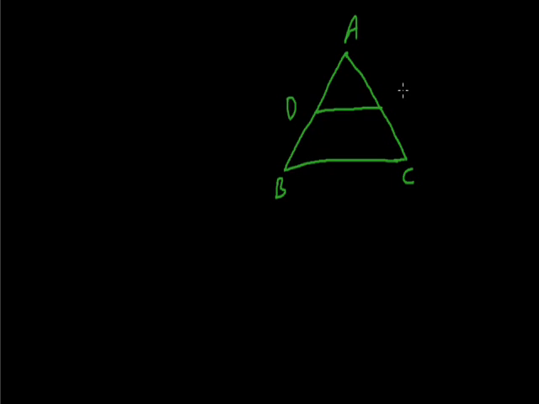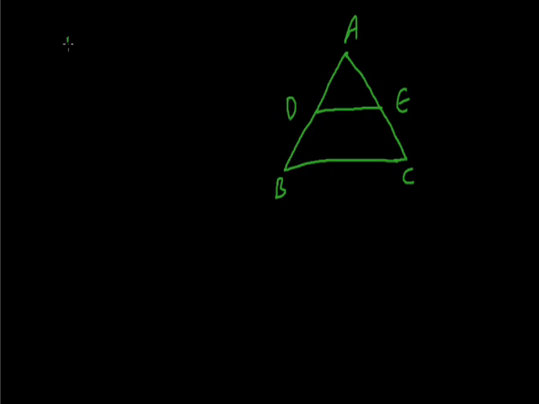Let's say there is a triangle ABC, and there is a line DE which is parallel to BC.